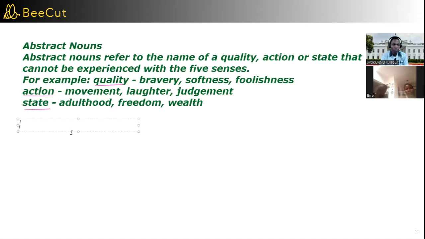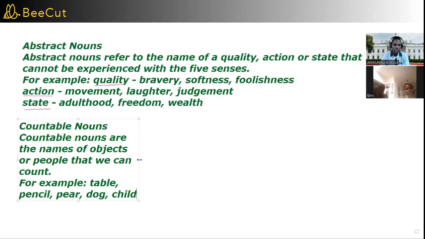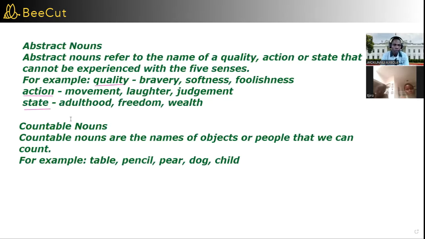For example, you can count tables, you can count chairs, pencil, dog, plates, and anything you can count. These are countable nouns. Table, pencil, pear, dog, child, oranges, and so on and so forth.